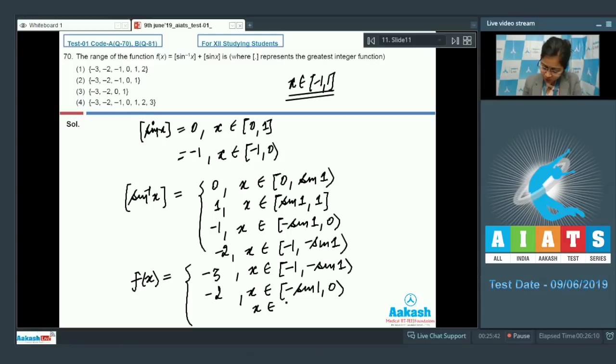And when x goes from 0 up till sine 1, then the value will be 0. And when x goes from sine 1 up till 1, then the value will be 1 plus 0, that is 1. So we can say that the range of the function is minus 3, minus 2, 0 and 1. So the answer will be option number 3.